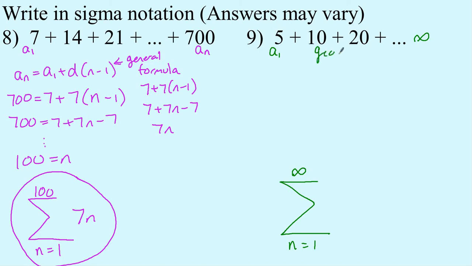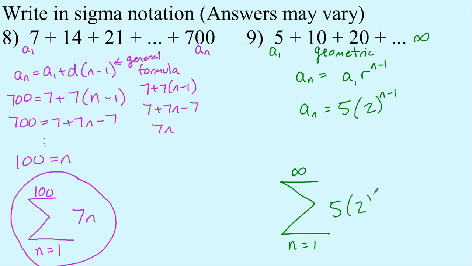This is geometric. So how do we find the nth term of a geometric? Plug in what you know. Oh, what am I doing? It's multiply, not plus. Silly me. So our nth term would just be 5 times 2 to the n minus 1. That's our general form, so just leave it like that. There's nothing else to simplify.